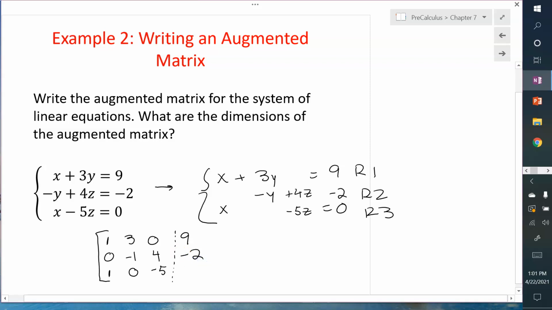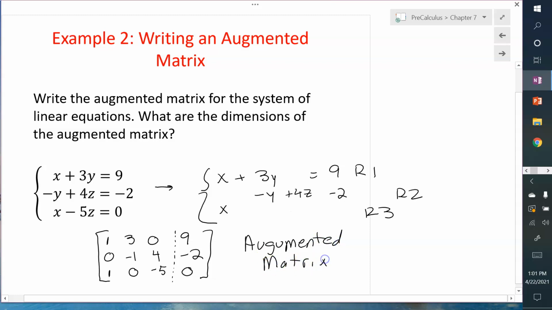And then x minus 5z equals 0, so I put a 0 in there. And this is what your augmented matrix looks like. So the coefficients in front of your variables, then the dashed line, and then what they equal.